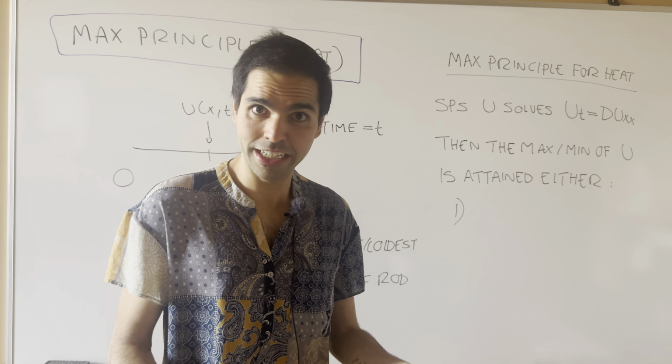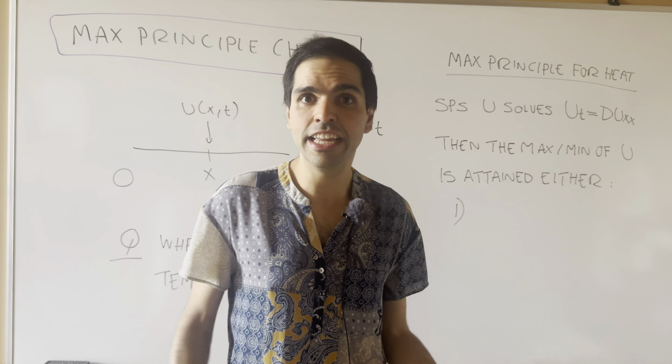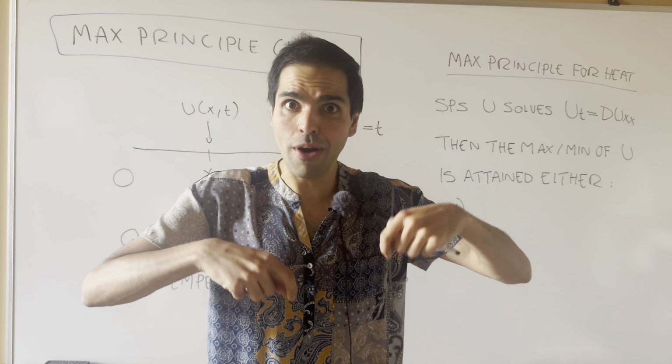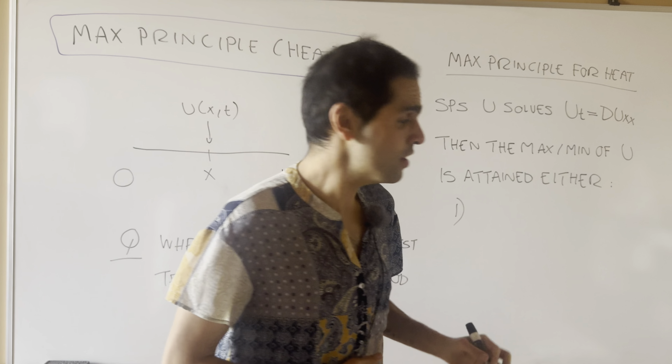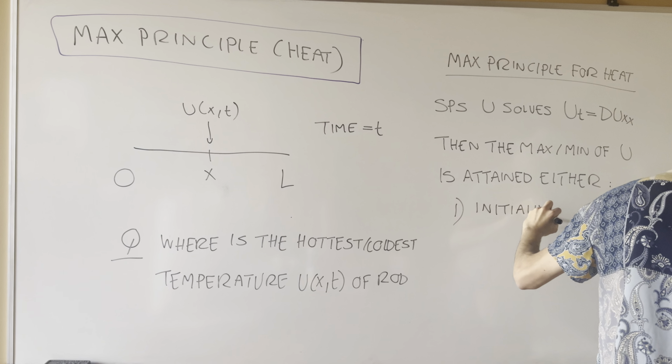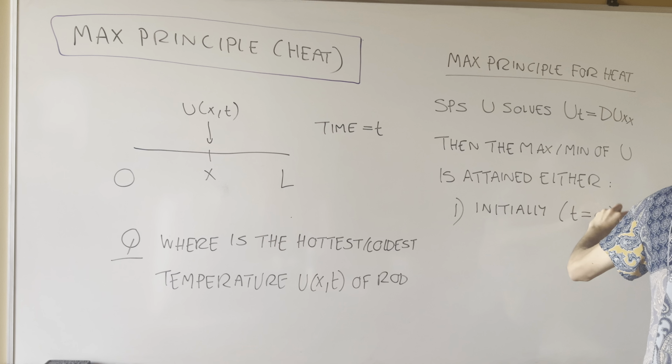either initially, so at the very beginning, so think of taking a cake out of the oven right now where it's super hot. So initially, at t equals 0.